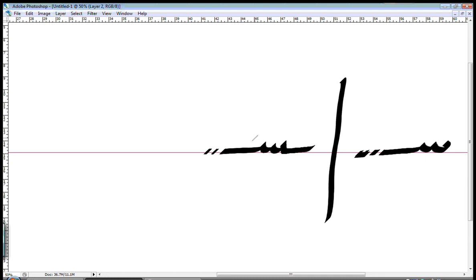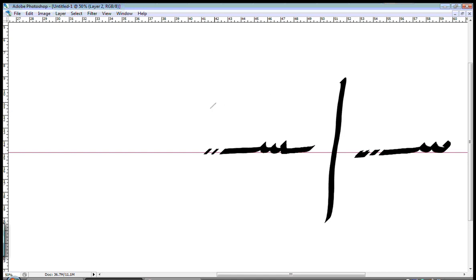Notice that these 3 usually are very close to each other. Don't make them too big, like this. That's totally different. That's as if I have the ba, the ta, and the tha, connected to each other. So make sure you don't do that. They should be really close to each other.